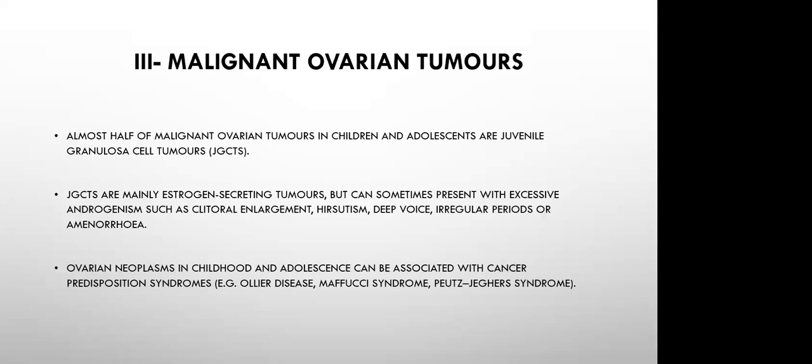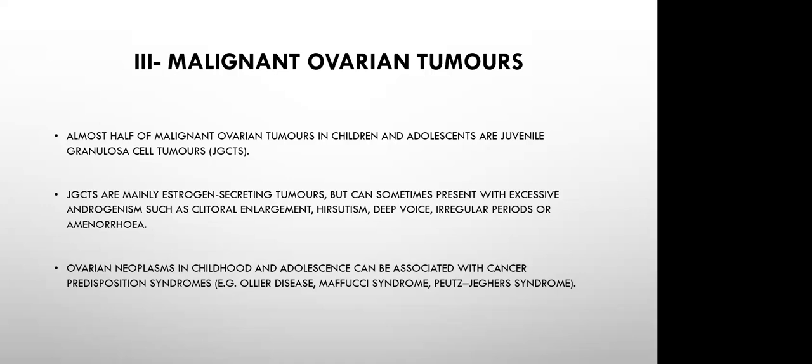What about the malignant ovarian tumors in adolescence? Almost half of malignant tumors in children and adolescents are juvenile granulosa cell tumors. Let's stop a little bit. How can we diagnose granulosa cell tumor in the exam? The granulosa cells are responsible for estrogen production from the ovary.